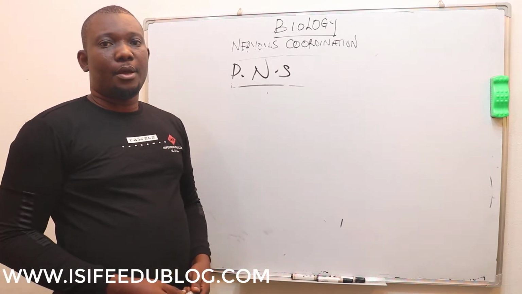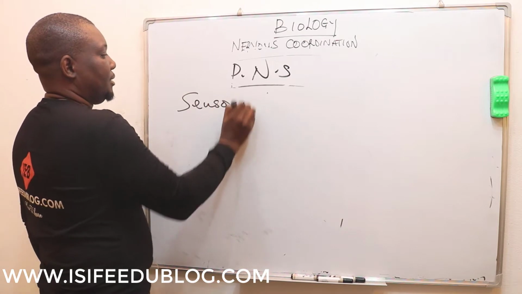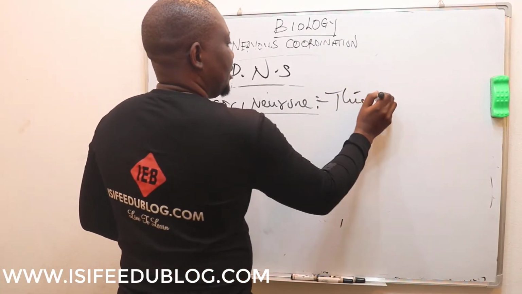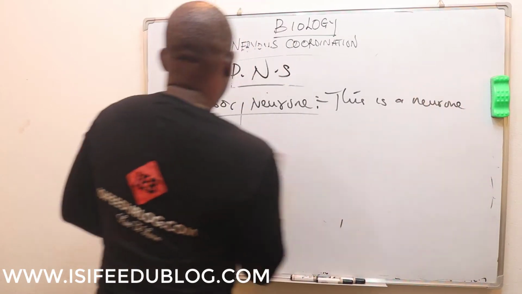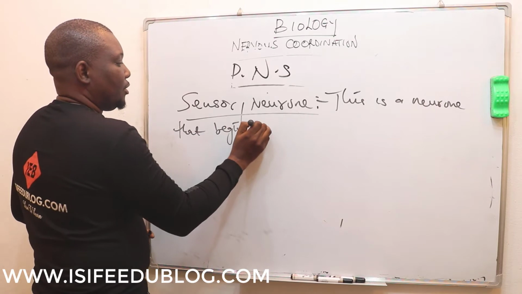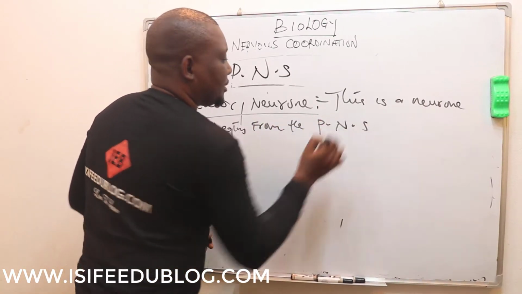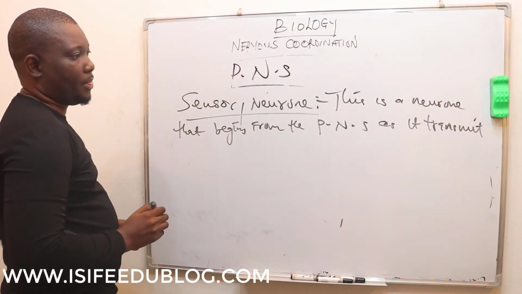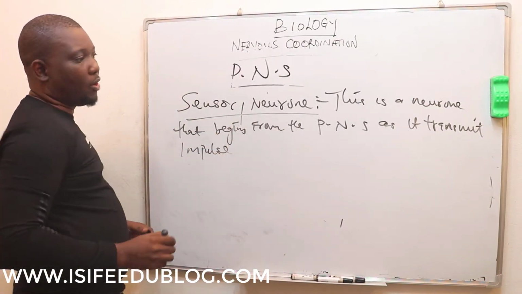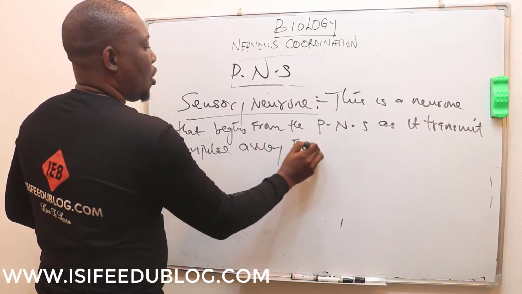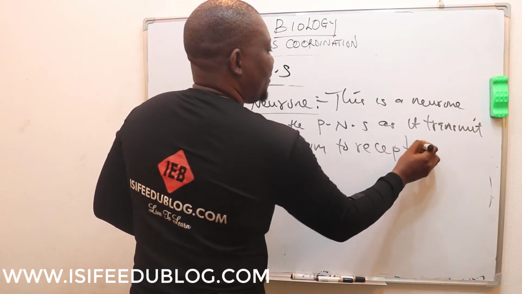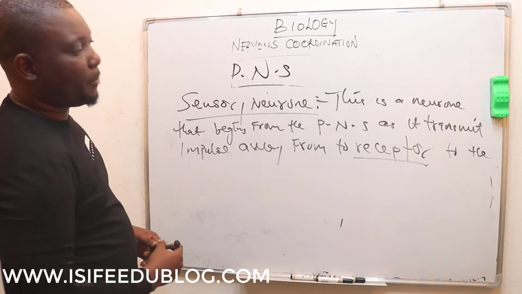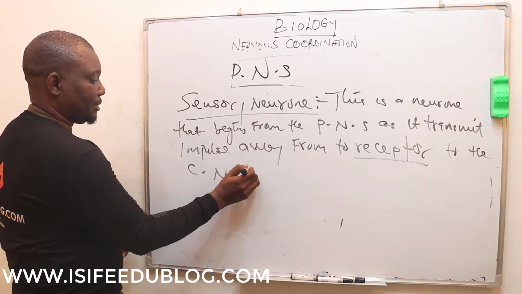I can define a sensory neuron as a neuron that begins from the PNS as it transmits impulses away from the receptor to the CNS. Full stop.